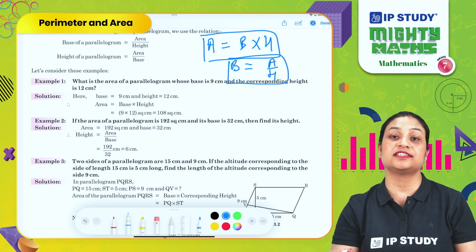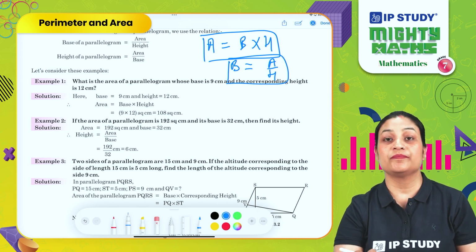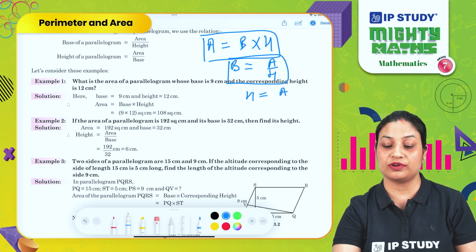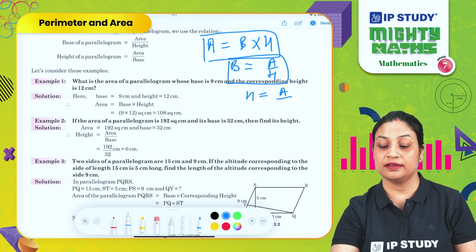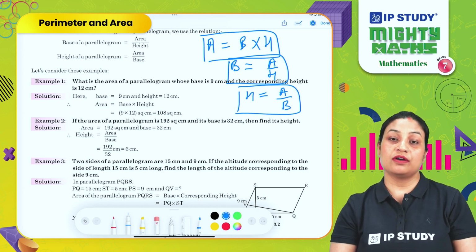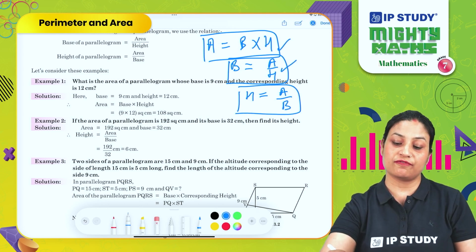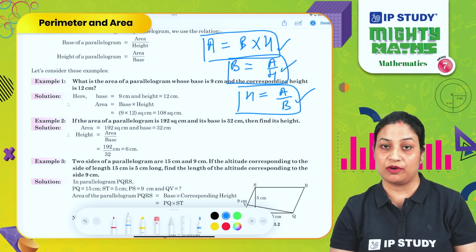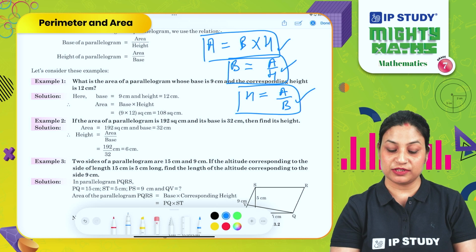Or in another scenario, suppose you have to calculate height, and area and base are given to you. In that case also, you have to divide area by base. Then you will get your height. So we are going to use these three formulas in order to solve the problems based on area of a parallelogram. So let's take some examples over here.